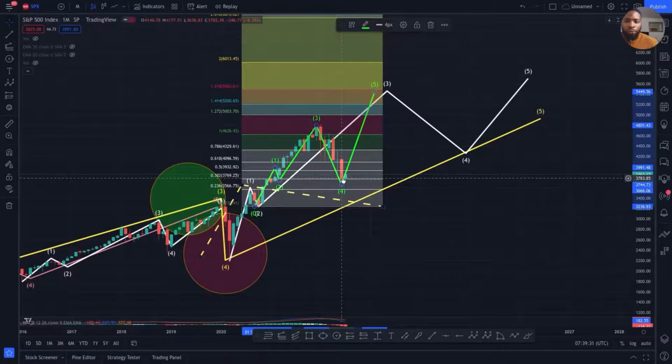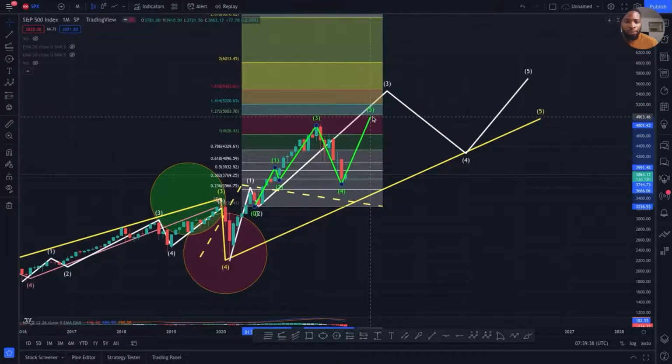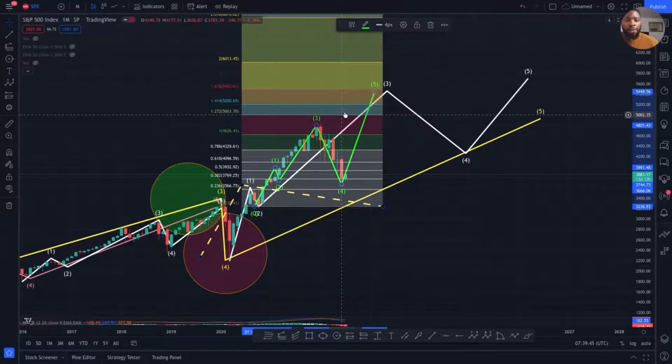And after the fourth wave, the next wave to target is the fifth wave, which is the bullish wave, which could end either at this level or this, depending on where the 5-wave pattern ends. If the 5-wave pattern ends within this level, then sure. If it ends down here, fine. Or if it ends here, this extreme, it can always get the level 2 of the Fibonacci extension tool.